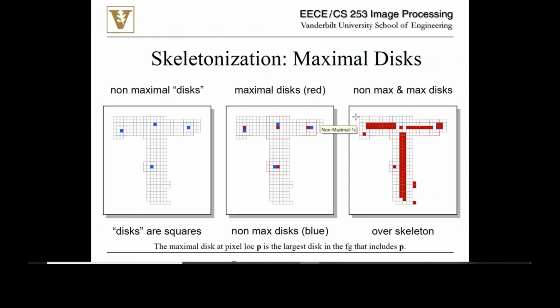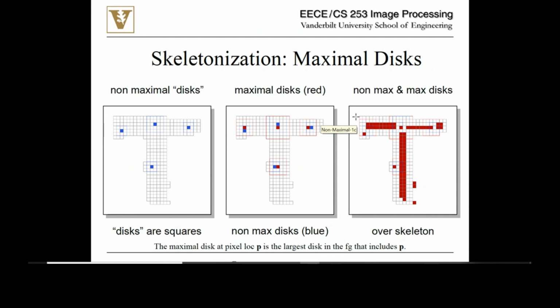Okay, so let's say that I have this is the center of a disk of radius 1. This is the center of a disk of radius 2. This is a center of a disk of radius 1.